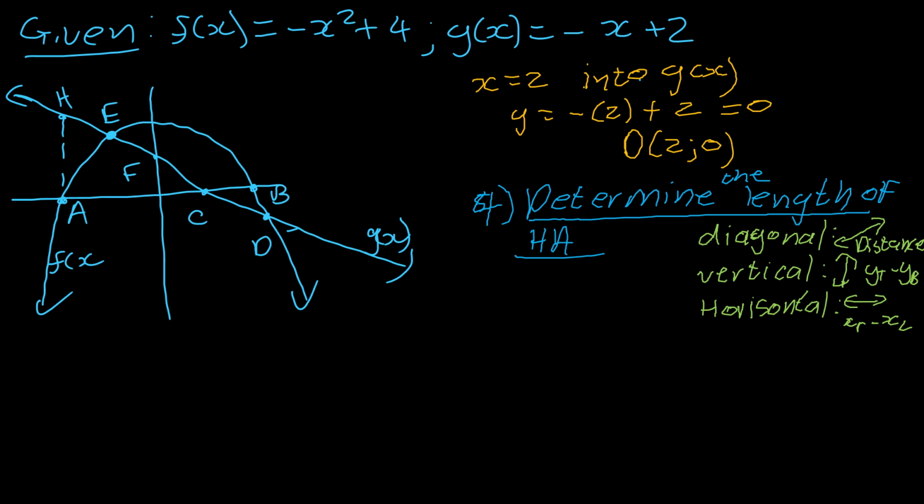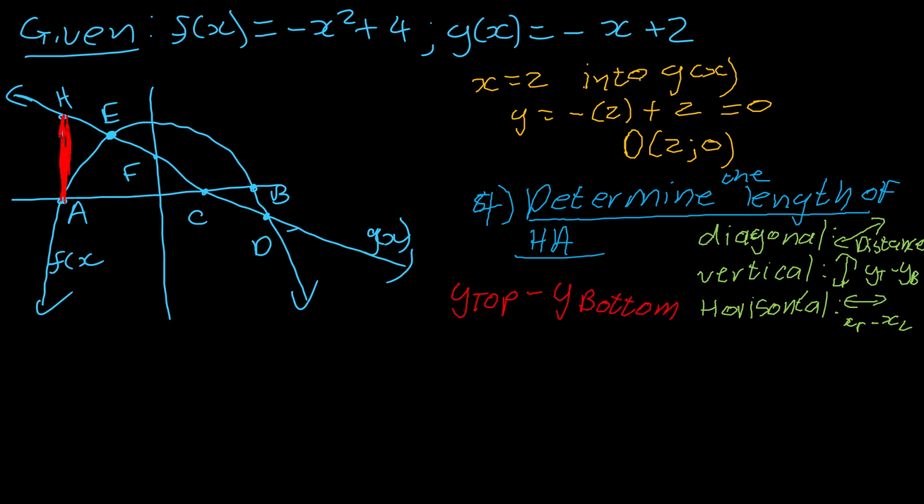And that would then give you your distances. Now, if we consider HA in this case, it would be this red line here that they want us to find. And if you take a look at it, that's going to be a vertical line. So since it's a vertical line, you need to take your y value at the top and subtract your y value at the bottom.